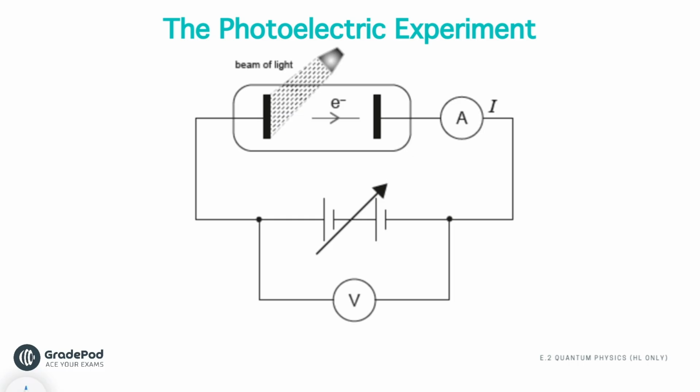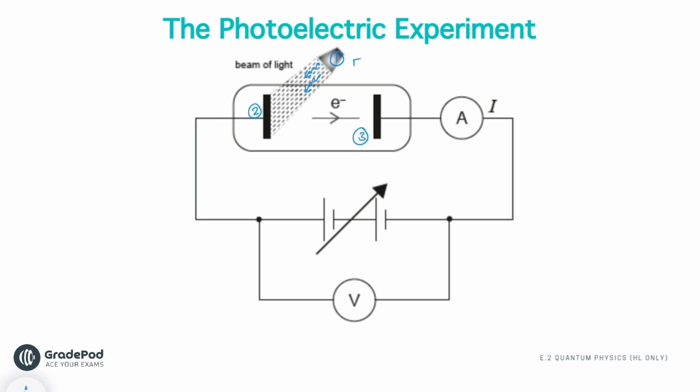And we split this experiment into three parts. Part 1 up here, Part 2 down here, and Part 3 down here. We're going to talk about each part in turn. Part 1 of the photoelectric experiment is where photons are released from a beam of light or from a lamp. These photons are released down here.